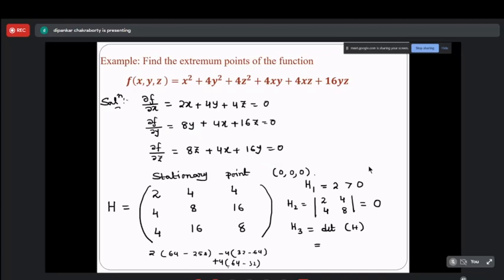I think it will come as negative, minus 128, which is less than 0. Now if I ask you, what is the nature of the matrix?